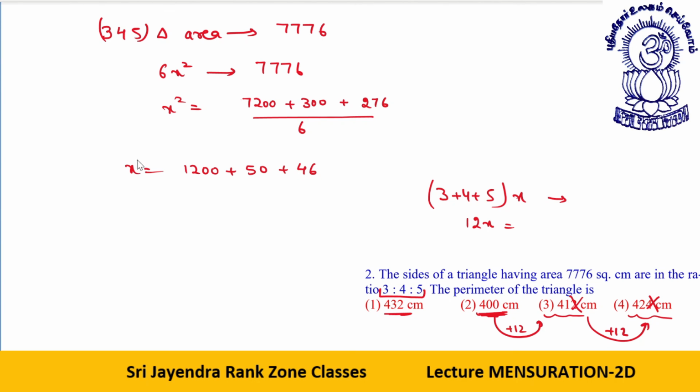So x square is equal to 1200 plus 96, which is 1296. So that gives you x as 36.